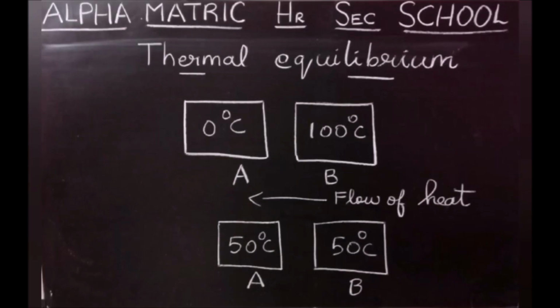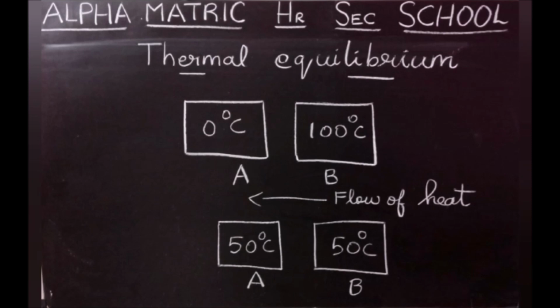Let us consider two bodies, body A and body B. The temperature of body A is 0 degrees Celsius. The temperature of body B is 100 degrees Celsius. If two bodies are brought in contact with one another, the heat energy will start to flow. We know that heat energy always flows from hot body to cold body.